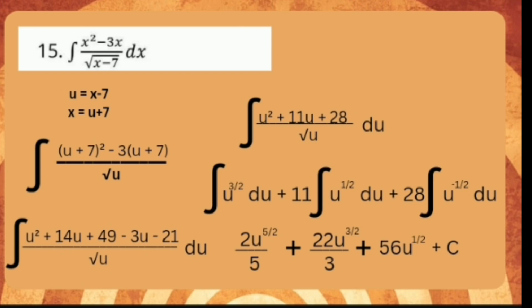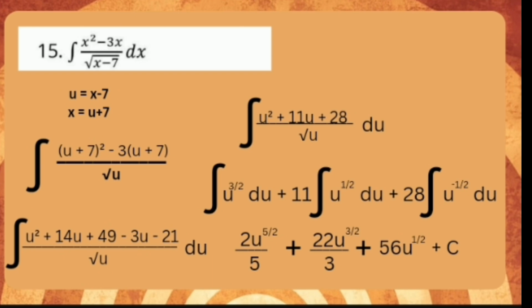And the last thing that we'll do, let's substitute back u as x minus 7 to get the final result in terms of x. We replace u with x minus 7.